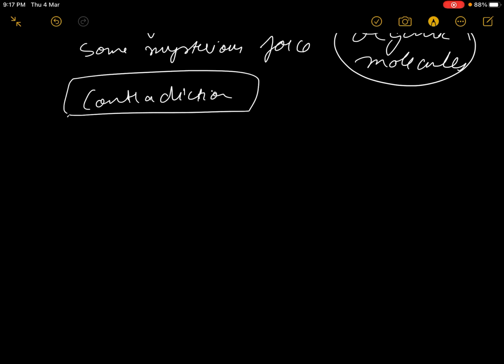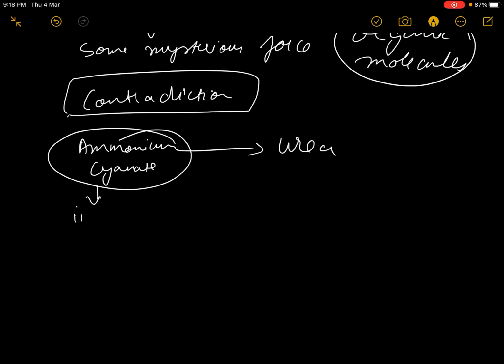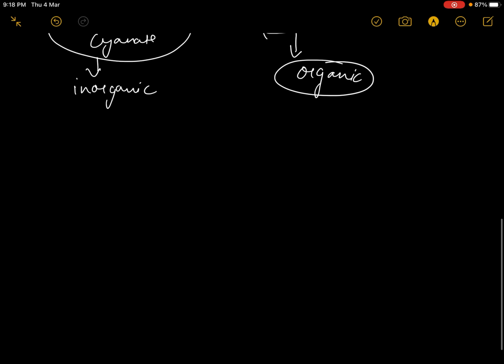For this, the scientists made urea from ammonium cyanate. What is ammonium cyanate? It is an inorganic molecule, and from that they synthesized the organic compound, and this proved that there is no such mysterious force. Organic compounds can be formed from the inorganic part.